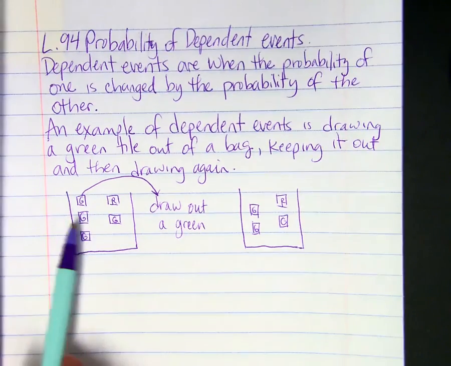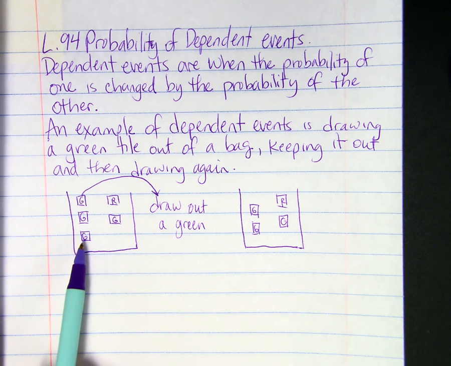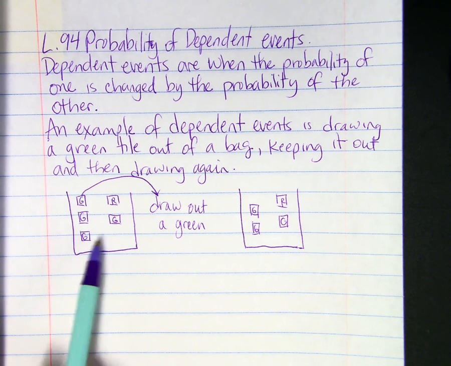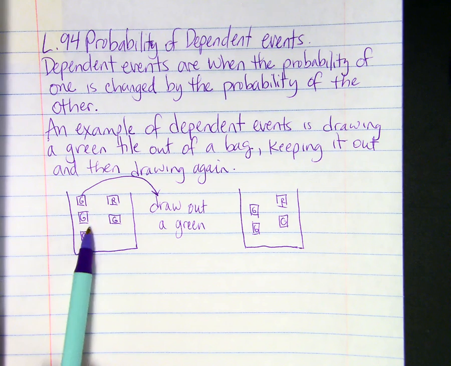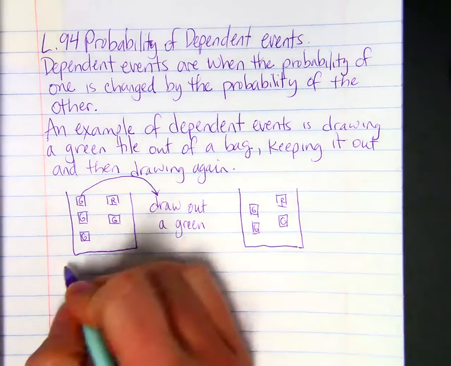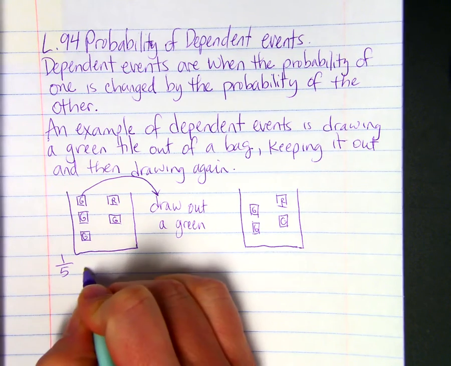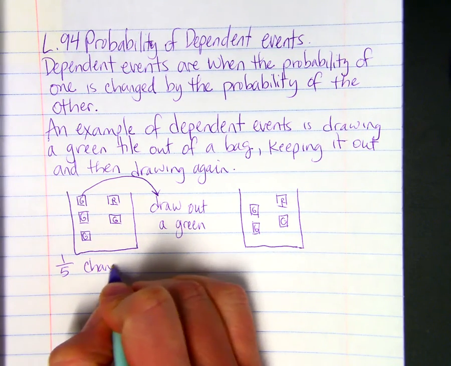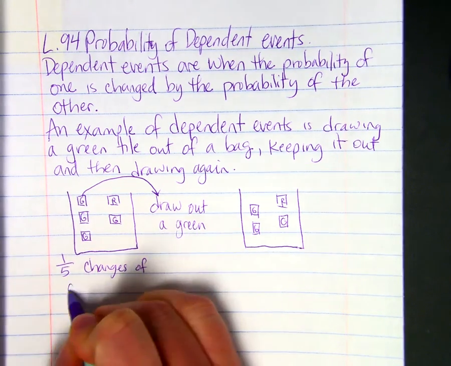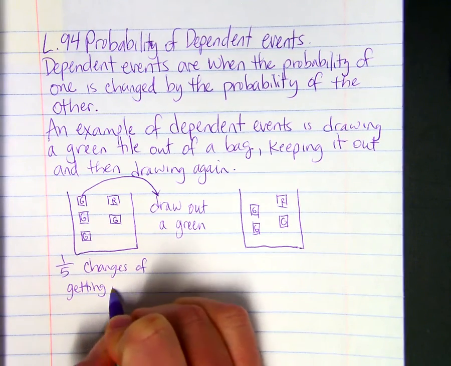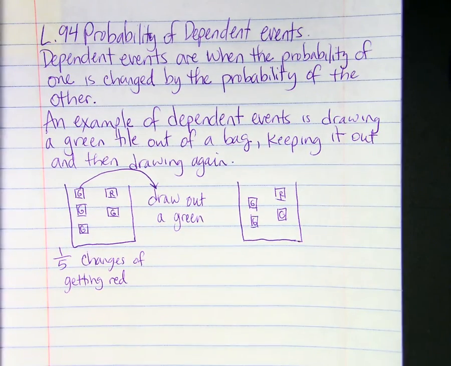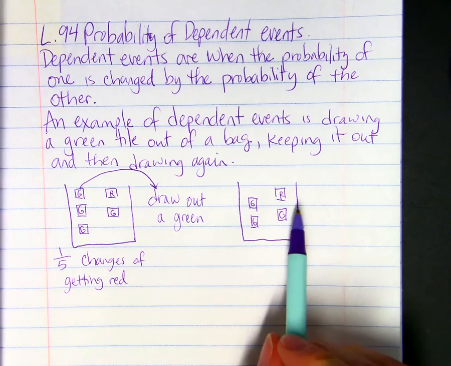So in the first bag, before we drew the green out, we had 1 in 5 chances of getting a red. And then in the new bag, we took a green out.